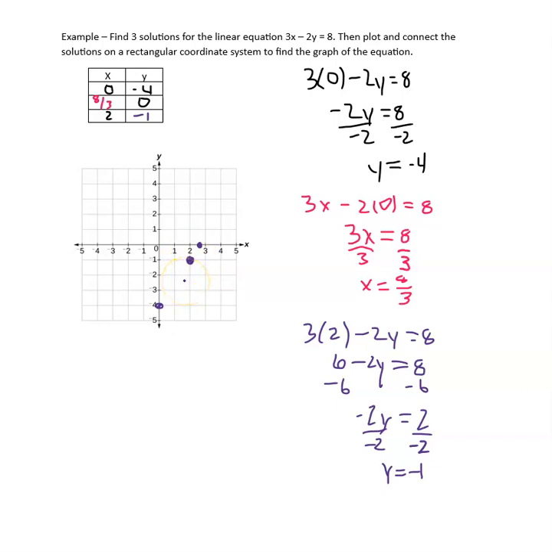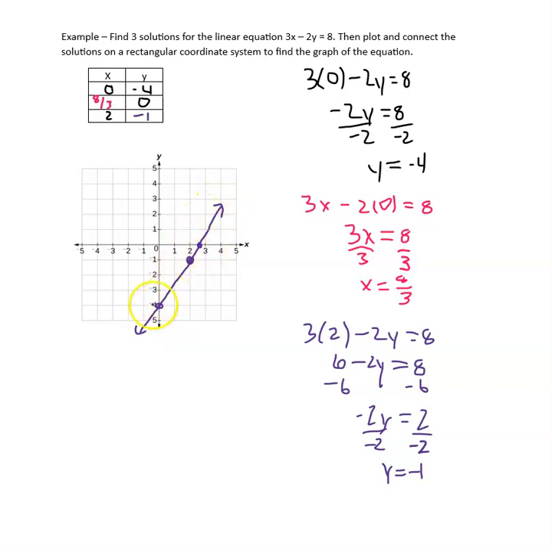Now, we only need 2 points in order to graph a line, and actually in MyLabs Math, when you're doing your homework, it's only going to allow you to plot 2 points. However, we do want that third point as just a test point to make sure that our line does make sense. Because if you think about it, any 2 points can be connected with a straight line.